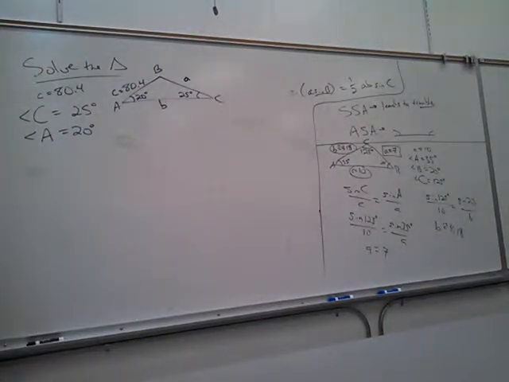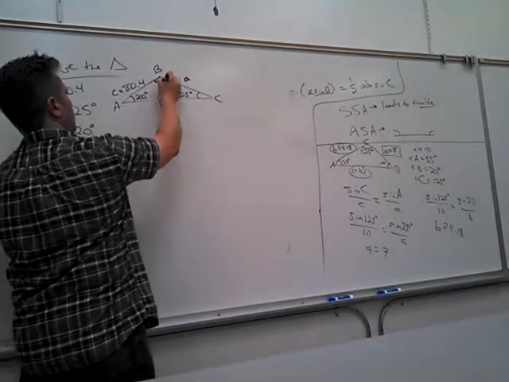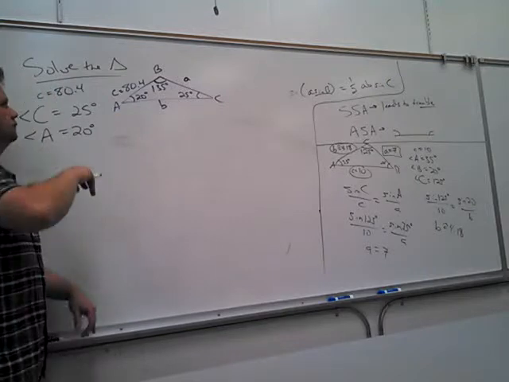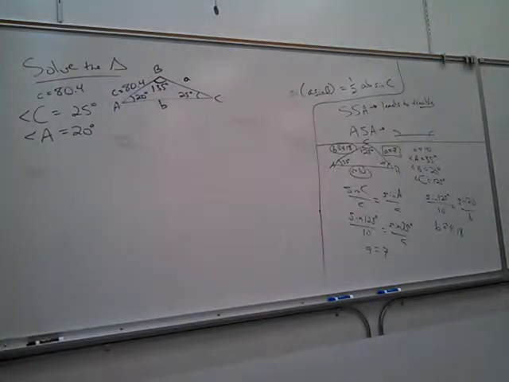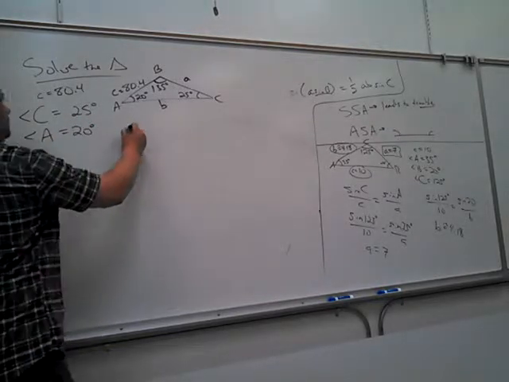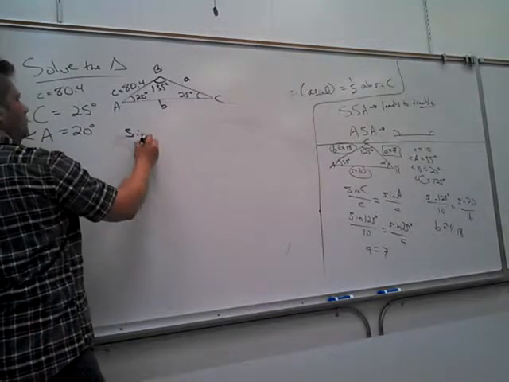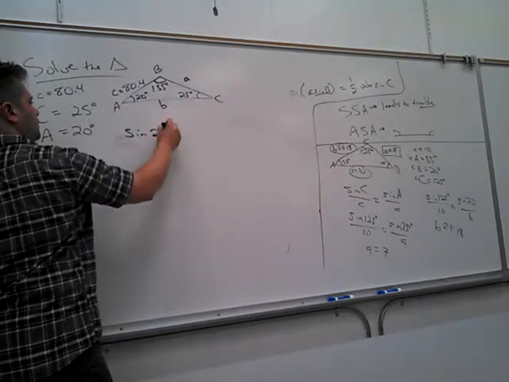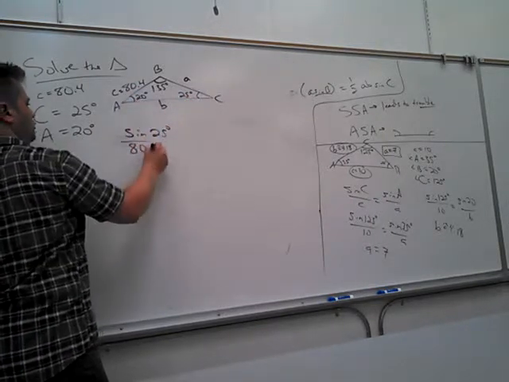What's the easiest thing to get out of this? Yeah, so we already have 45, so it's got to be 135. Cool. And then what ratio can I set up? Sine C over side C. Yeah, sine of 25 over 80.4.